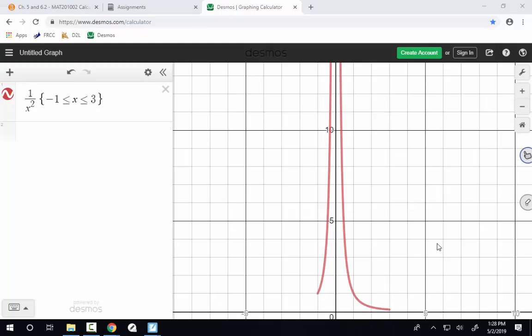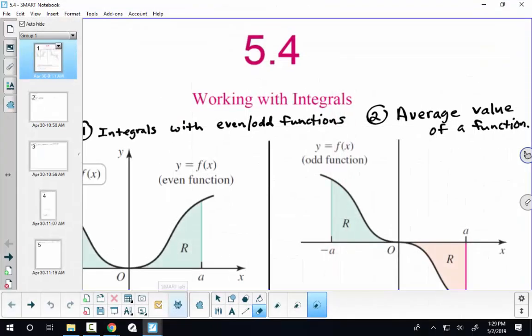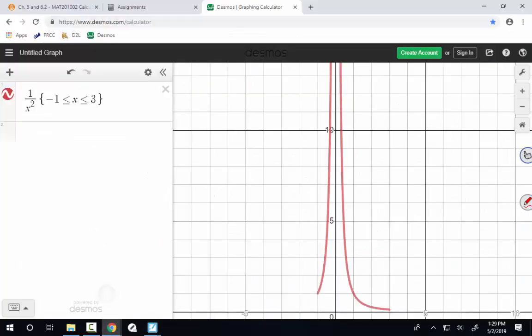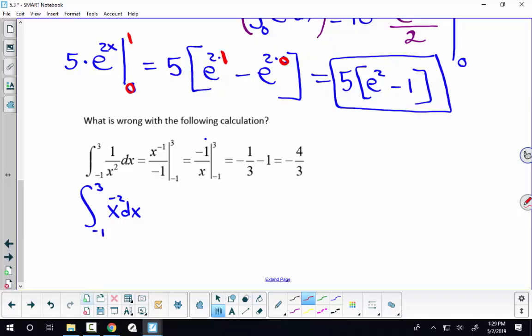Well, let's change this. So we're stopping right there, and we're stopping right there. So we're saying what's that net area? What's all this area and all of this area? So the problem is not with the computation.